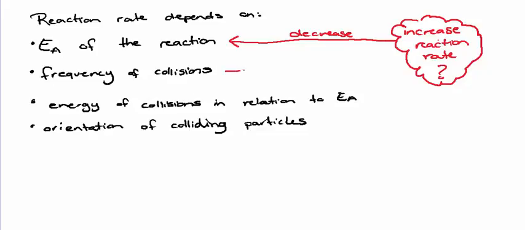The reaction rate is going to increase if we increase the frequency of collisions, because that will lead to more productive collisions. And it's also going to increase if we have a higher energy of collisions in relation to the activation energy.